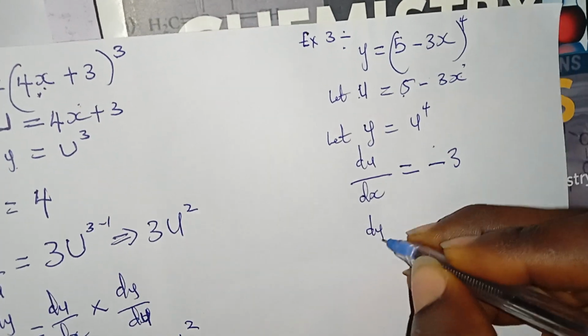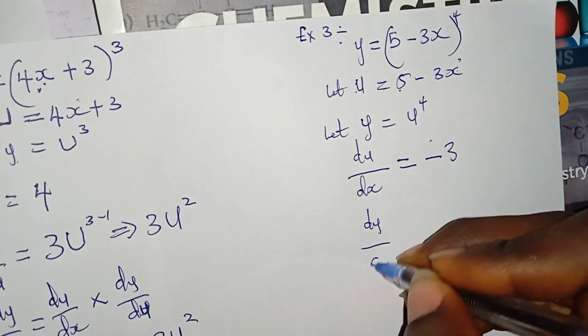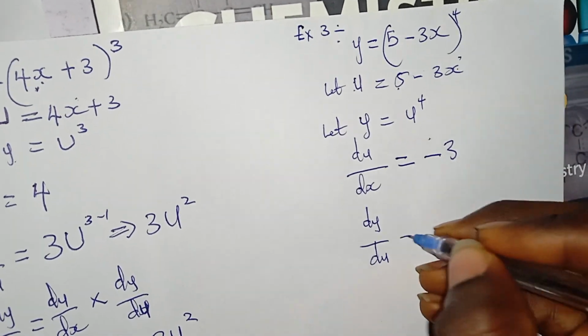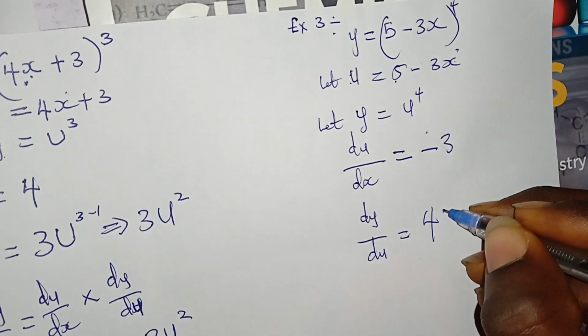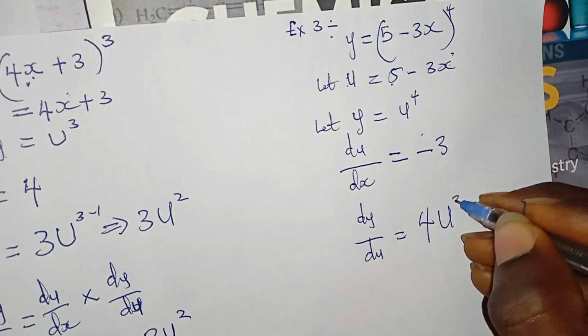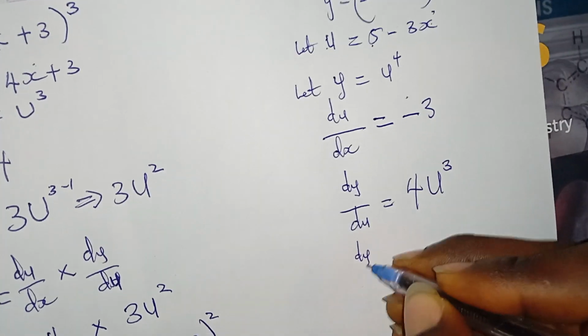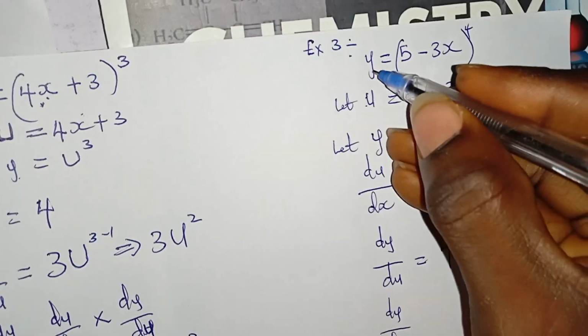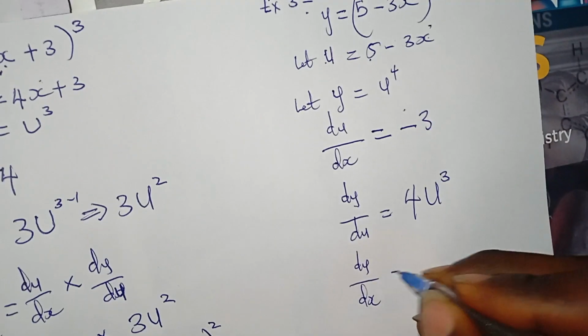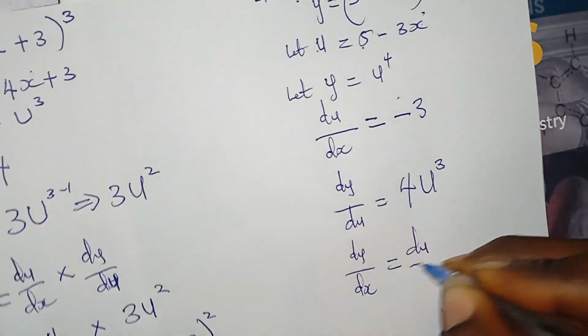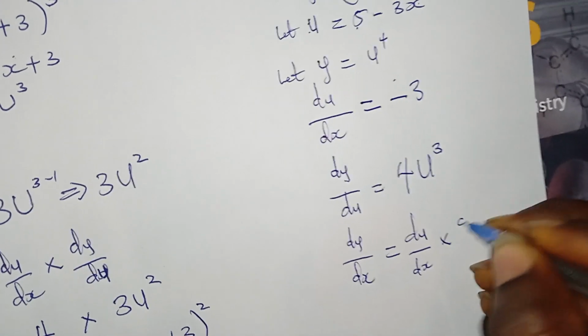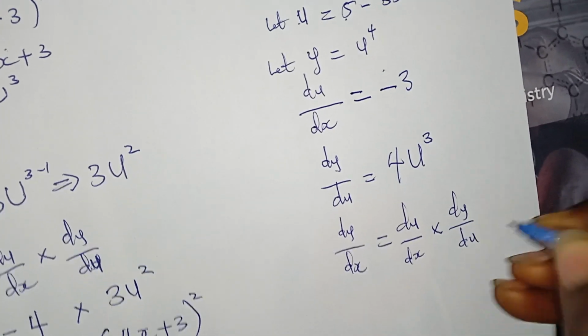Then dy, I'm seeing y, I'm seeing u, so dy over du is going to be 4, come to the coefficient, subtract 1 from the power. So now I have that dy over dx, everything given to me, is equal to du over dx times dy over du.